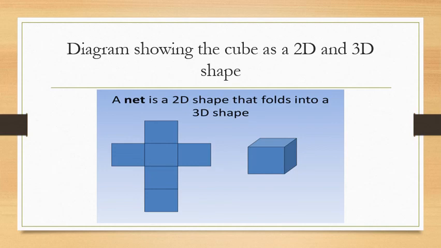So on my right, you have the three-dimensional shape, and on my left, you have the two-dimensional figure, which is the net of that figure. If anybody asks you what the net of a cube looks like, you know exactly what to show them and tell them. The net of a cube is always laid out flat. Okay? Good.